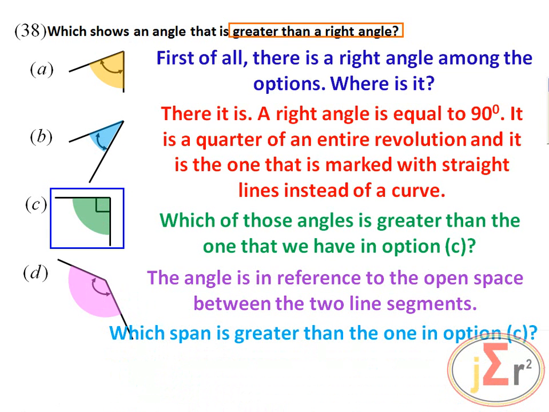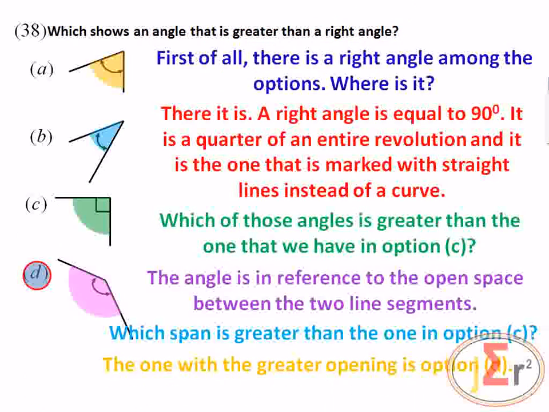Which span is greater than the one in option C? Notice that this is just like that, and this one is all the way around here. So option D is the correct one. The one with the greater opening is option D. So that one is our correct answer.